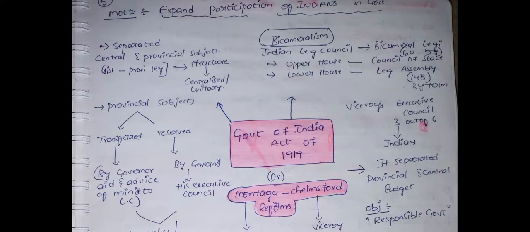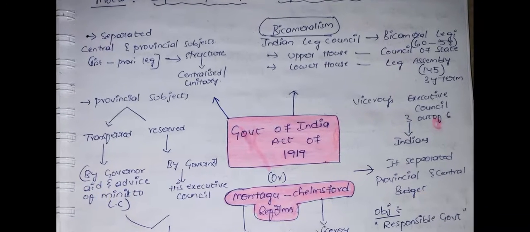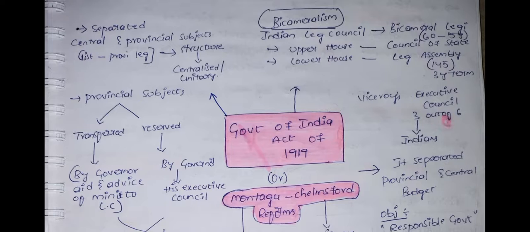Provincial subjects were divided into two types: transferred and reserved. Transferred subjects were administered by the governor on the aid and advice of the ministers of the Legislative Council, and reserved subjects were administered by the governor with his Executive Council.